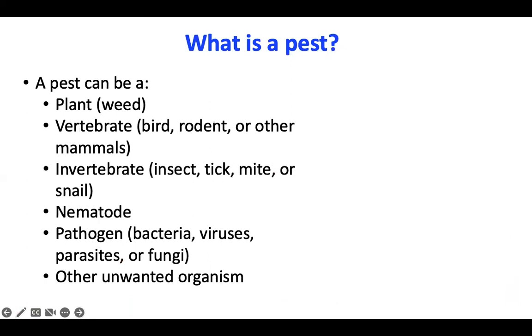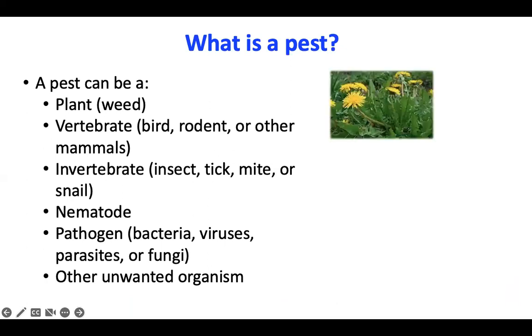A pest can be a plant, vertebrate, invertebrate, nematode, pathogen, and other unwanted organisms. Plants, for example, are weeds growing in your lawn grass or turf grass. Vertebrates, for example, are pigeons and other birds, Canadian geese or ducks, and also rodents.